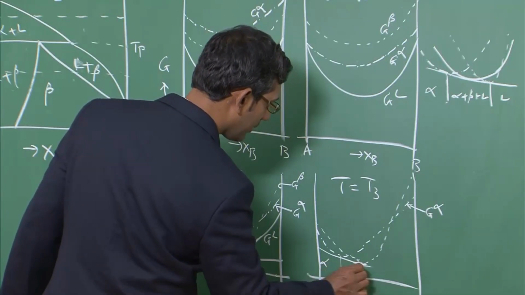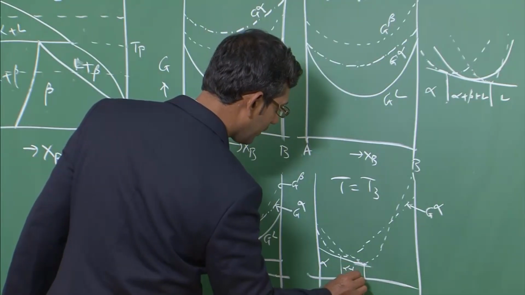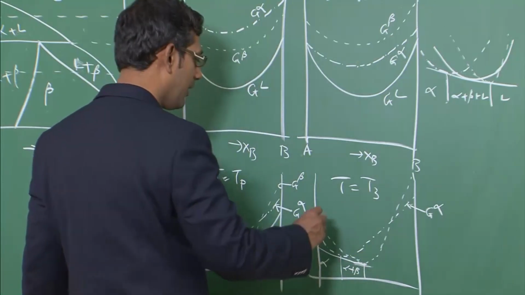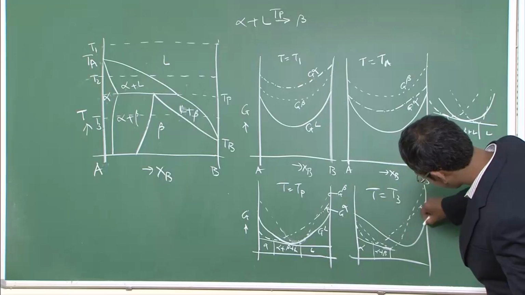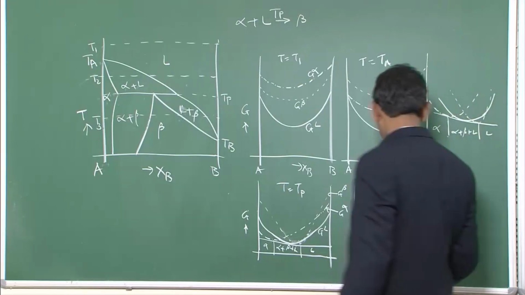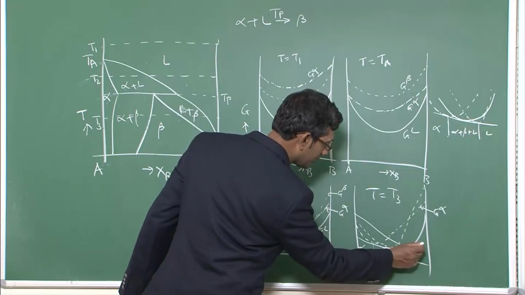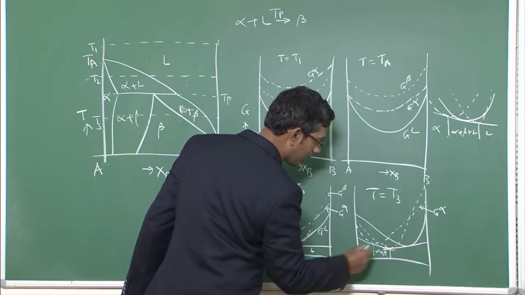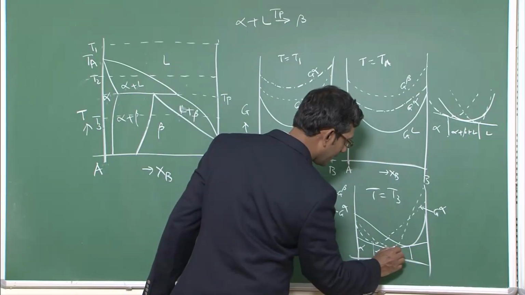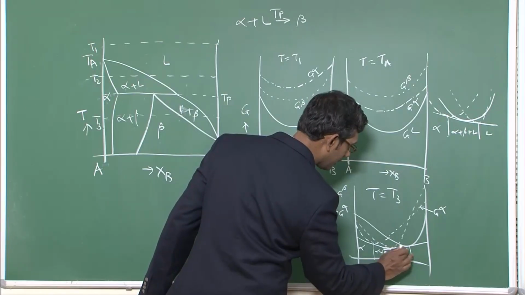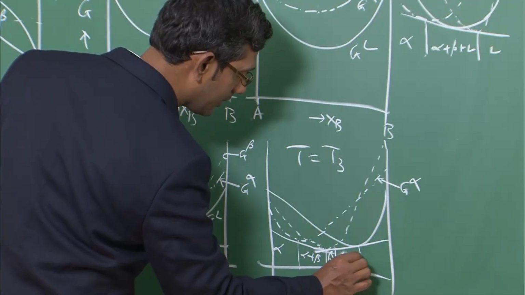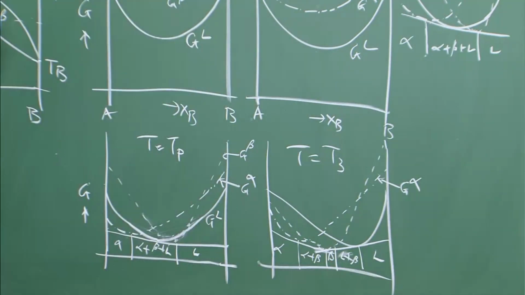Okay. So these two will have a tangent between themselves. This is alpha, this is alpha plus beta, and then we will have a liquid curve coming like this. We will have another tangent between liquid and alpha. Okay. And in between there is a range where beta is stable. So liquid, liquid plus beta, and this is liquid. So that is not easy to do.